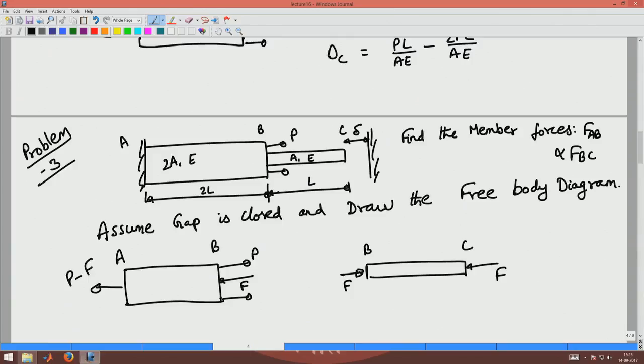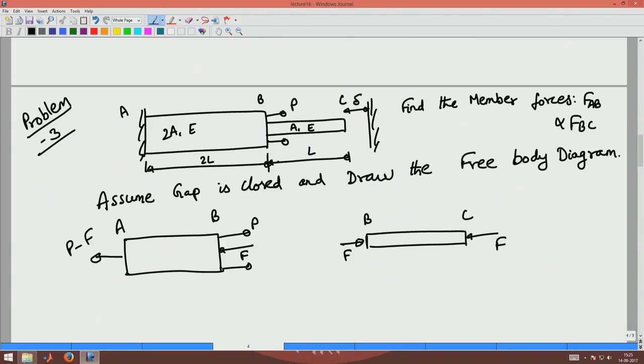Okay. So, now delta C would be, this is similar to what we had in problem 2. So, delta C now would be PL by AE minus 2FL by AE, and this displacement cannot be more than delta, right. So, that is the displacement that you can have, delta C can be delta. Okay.